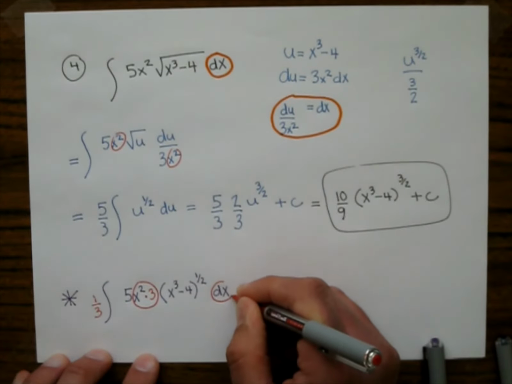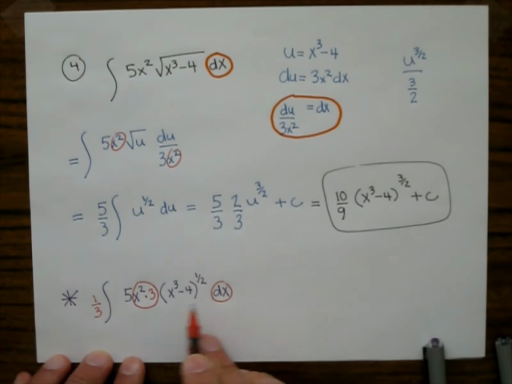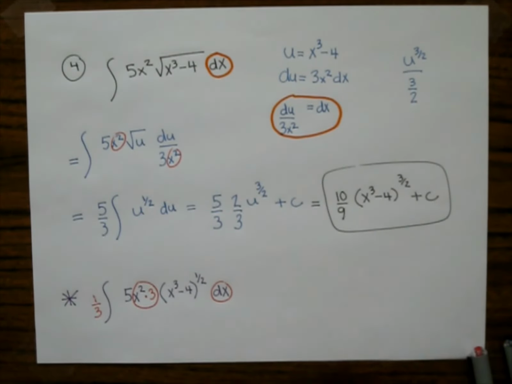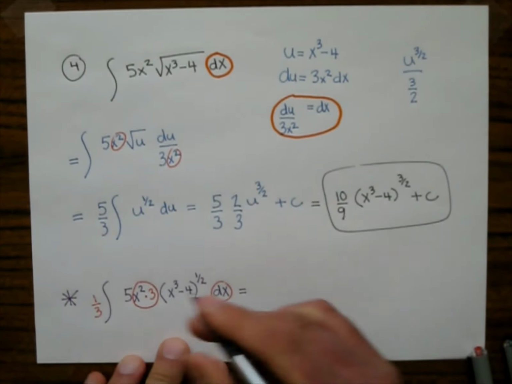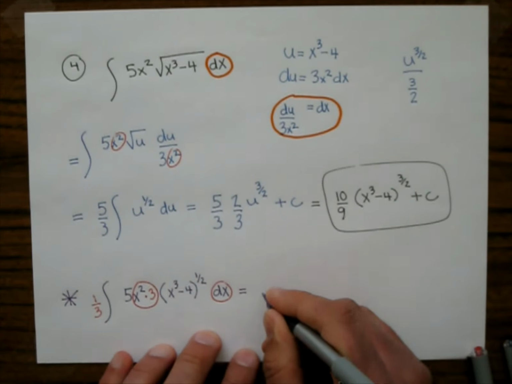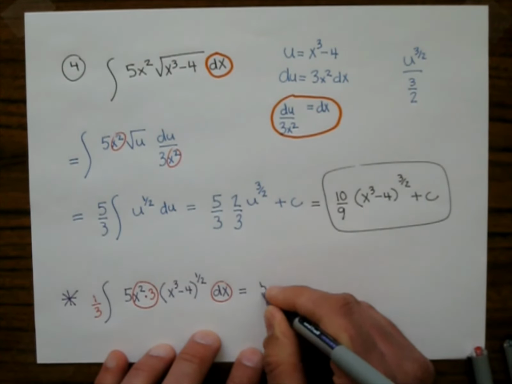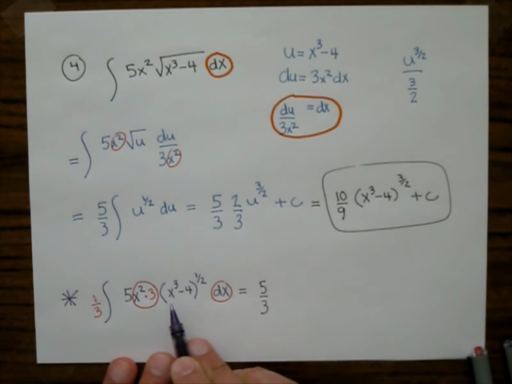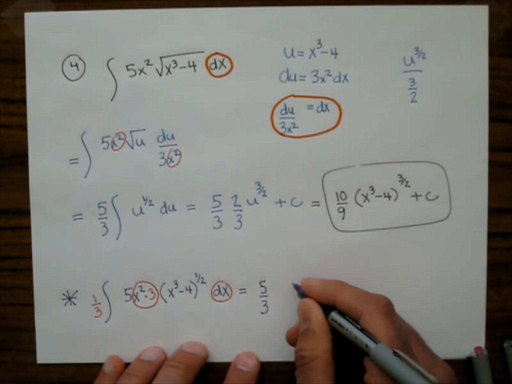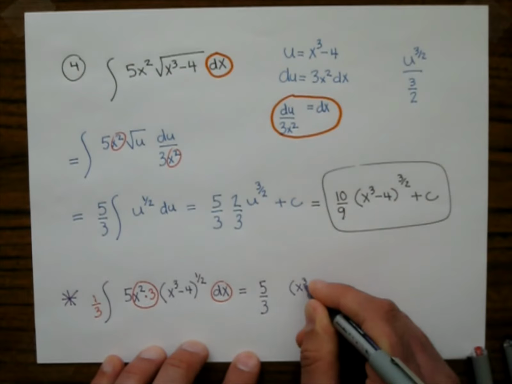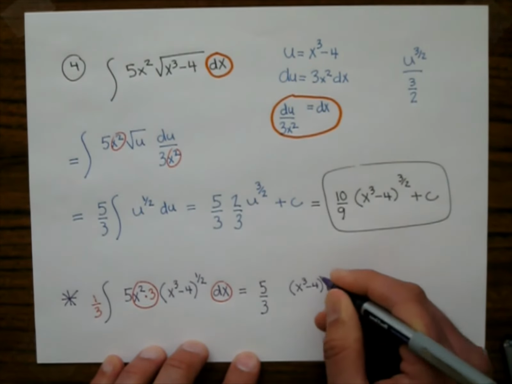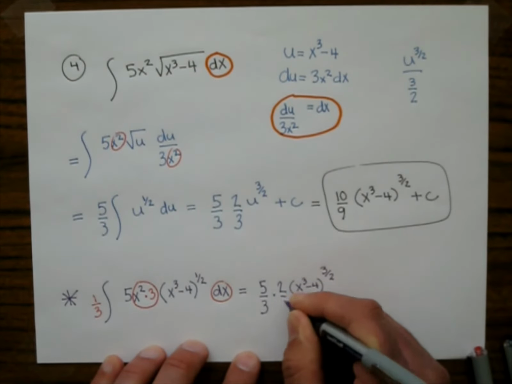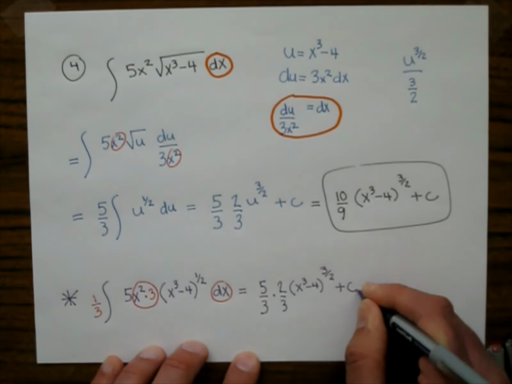This red part that I have inside the integral, the part of the integrand, that's going to disappear because it's the reverse chain rule. So the 5 will join the 1/3 out front. I'll have 5/3. And then the antiderivative of something to the 1/2 is the something to the 3/2 divided by 3/2, or multiplied by 2/3, plus c.